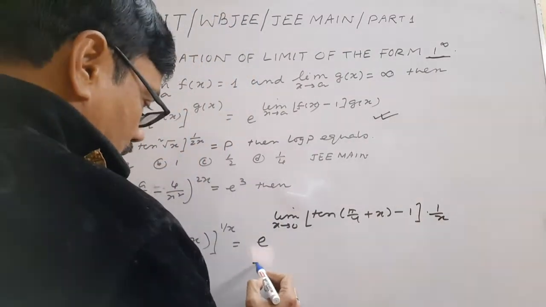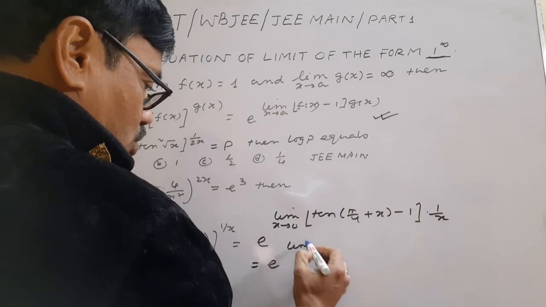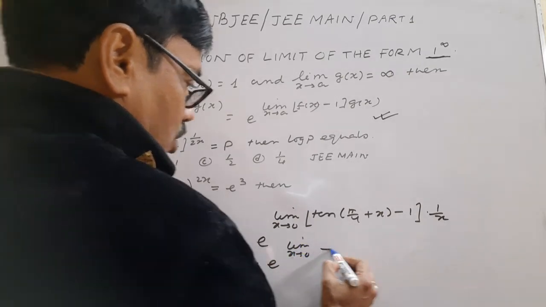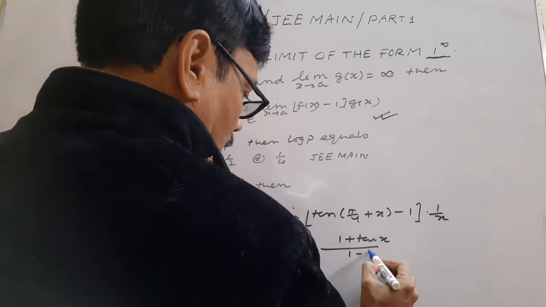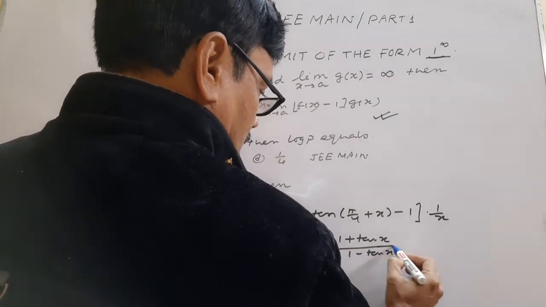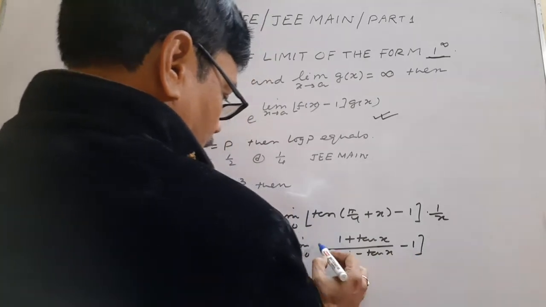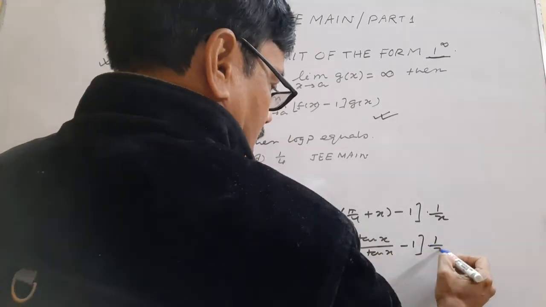Now this is limit x tends to 0, (1 plus tan x) by (1 minus tan x), minus 1, into 1 by x.